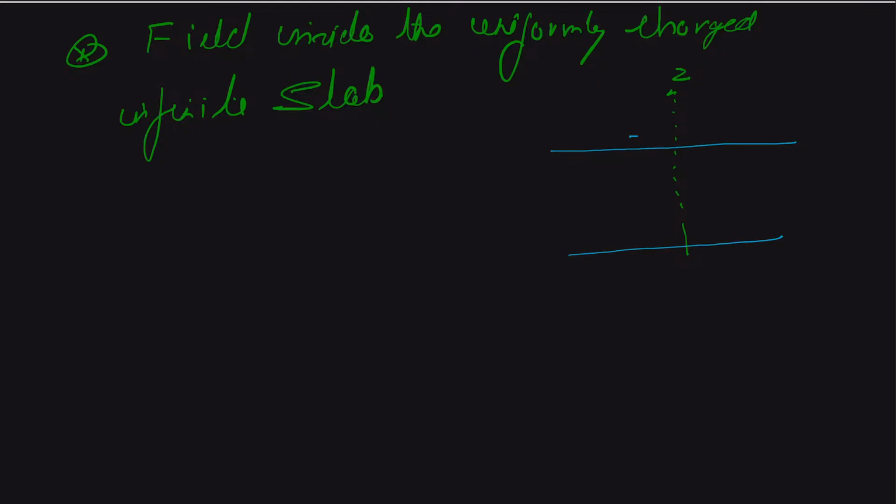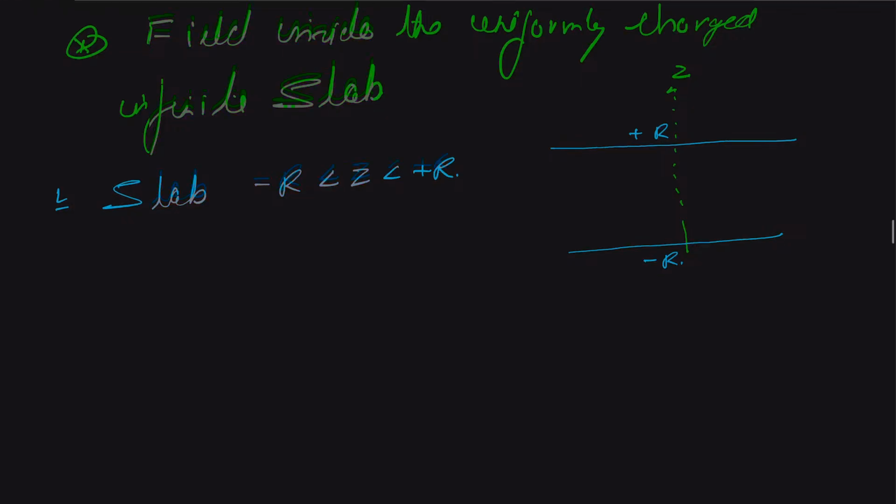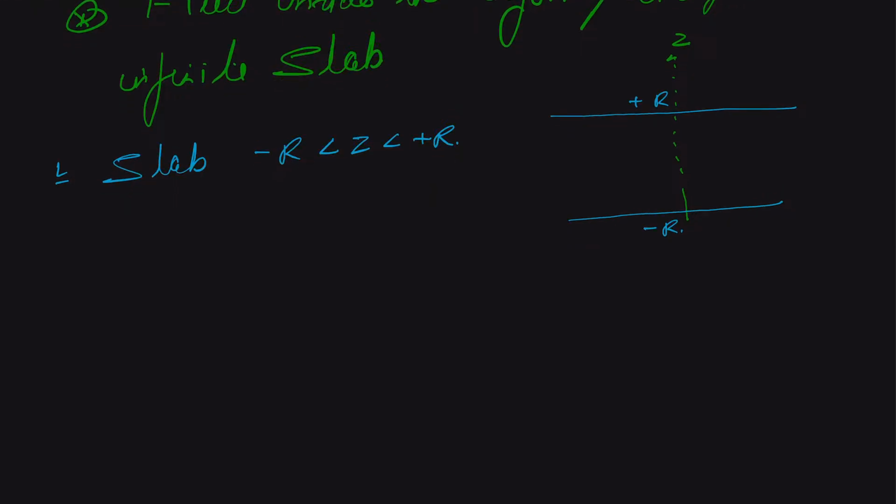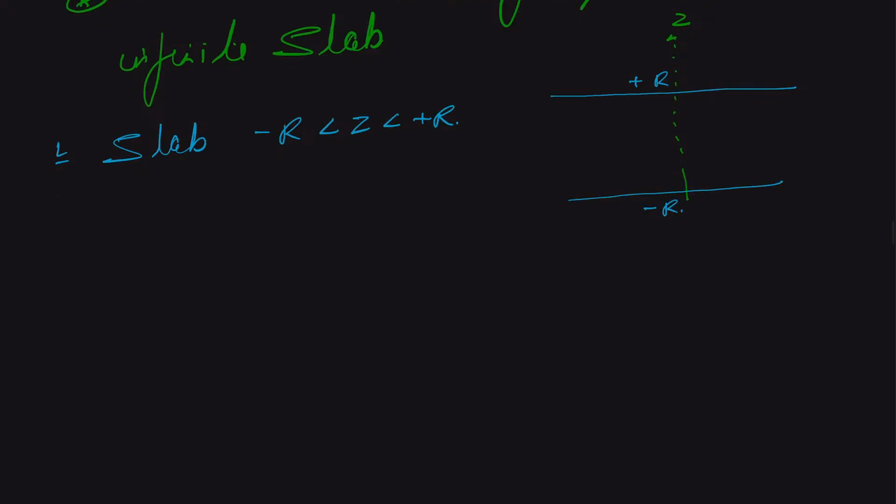So it is between plus R and minus R. You can see that our slab is between minus and plus R. So we are going to consider a Gaussian pillbox of area A, and that is going to extend from minus z to plus z. And we have to remember that the Gaussian pillbox we are going to consider is a little bit inside.